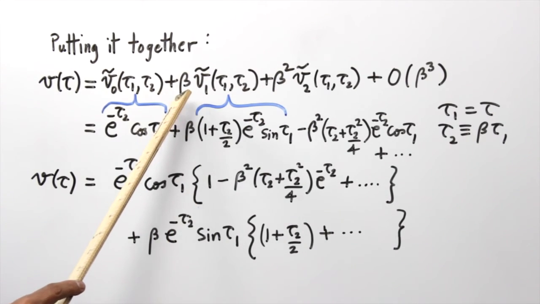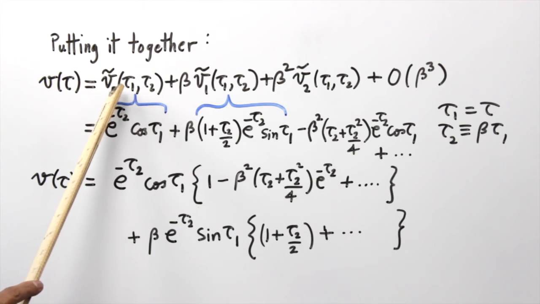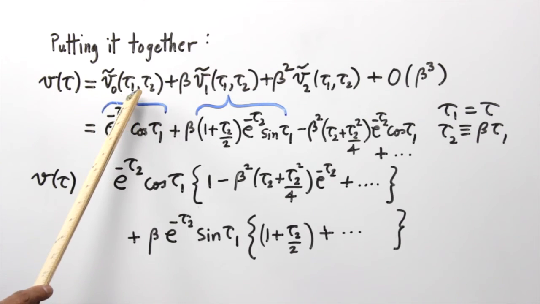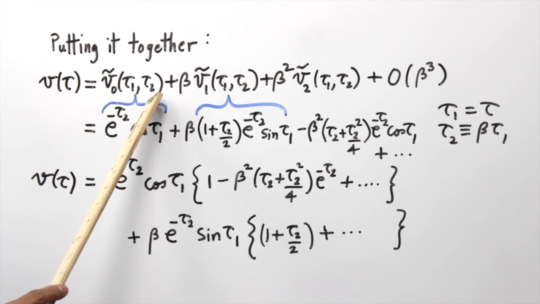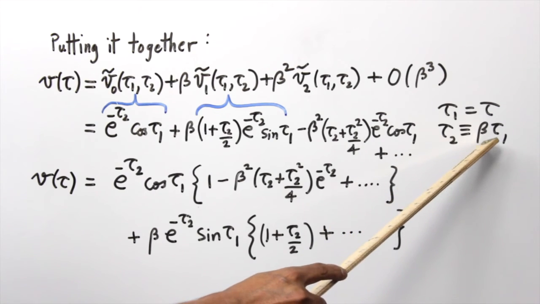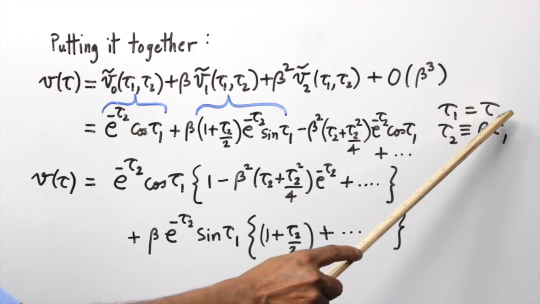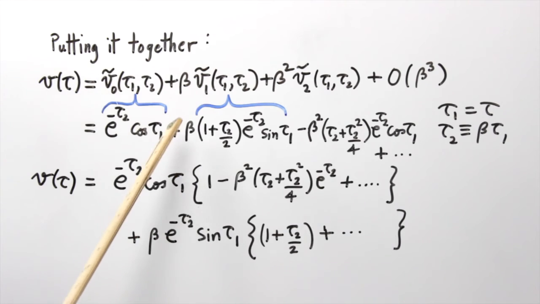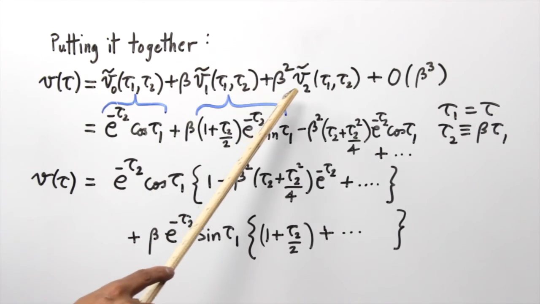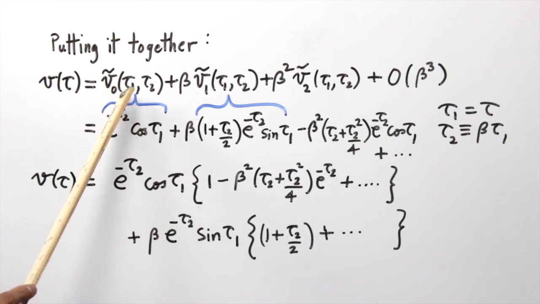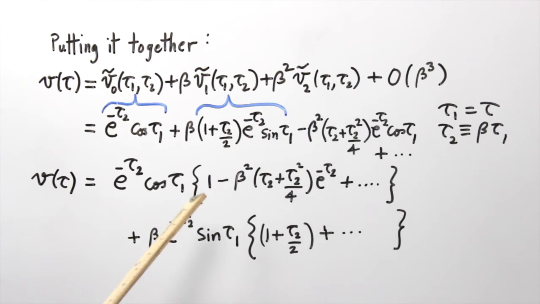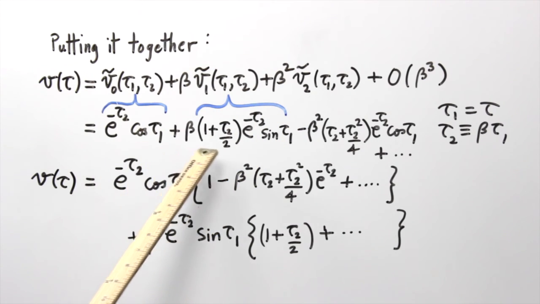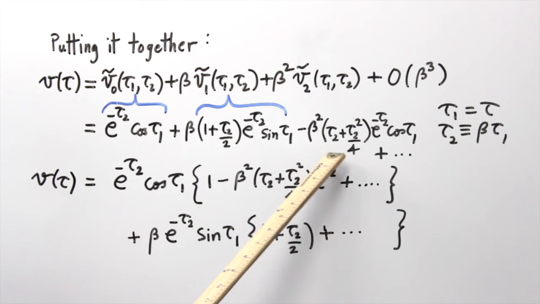Beta is the small parameter, and at each order the solution depends on the fast time as well as on the slow time. Tau 2 is the slow time, beta times tau 1, and tau 1 is simply the non-dimensional time that we have. And so this is the correction at order beta, the correction at order beta squared, and we have calculated up to here explicitly, and so we can recognize these expressions that we had previously obtained.